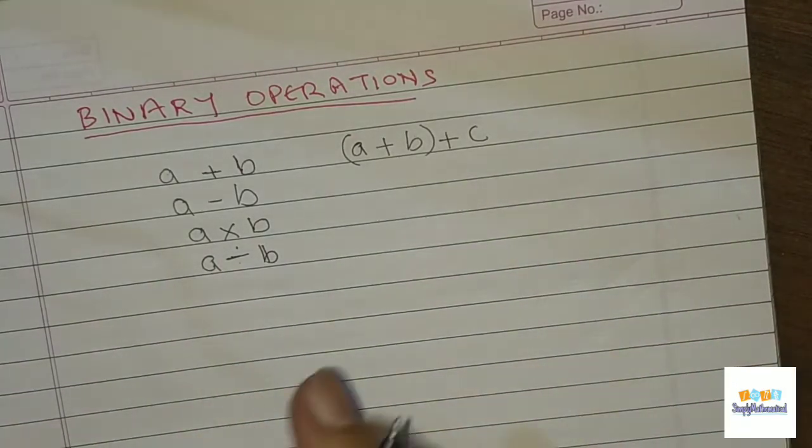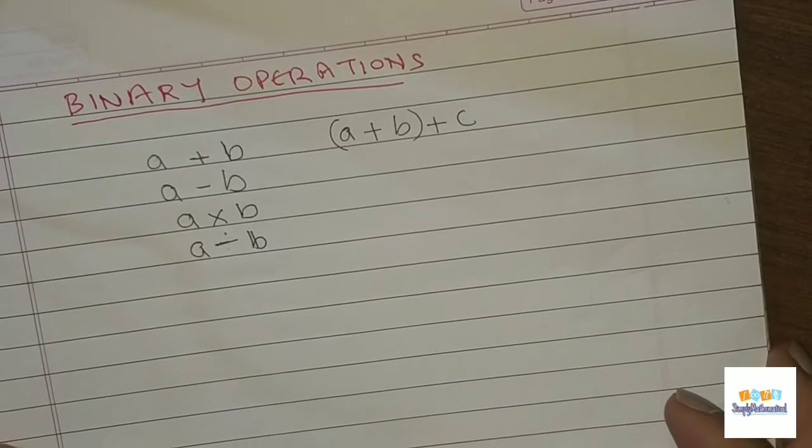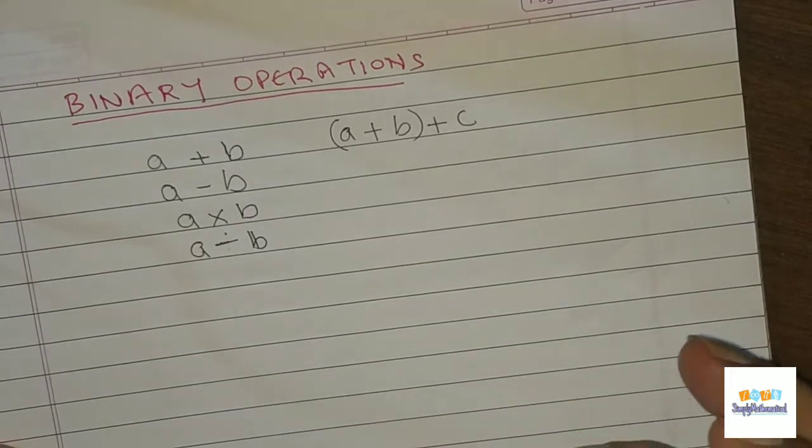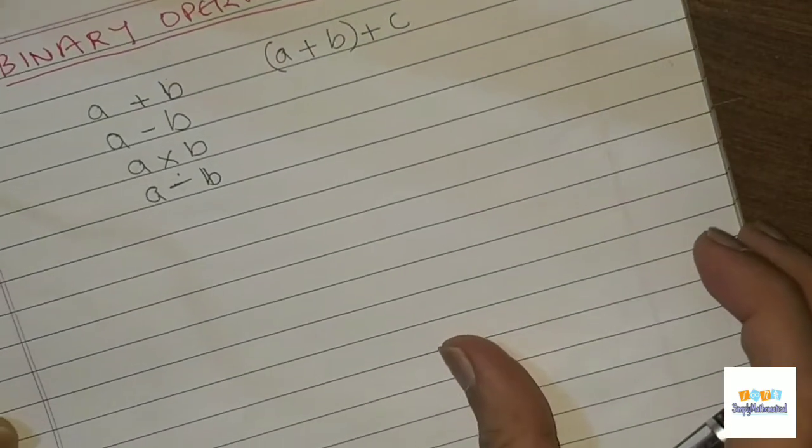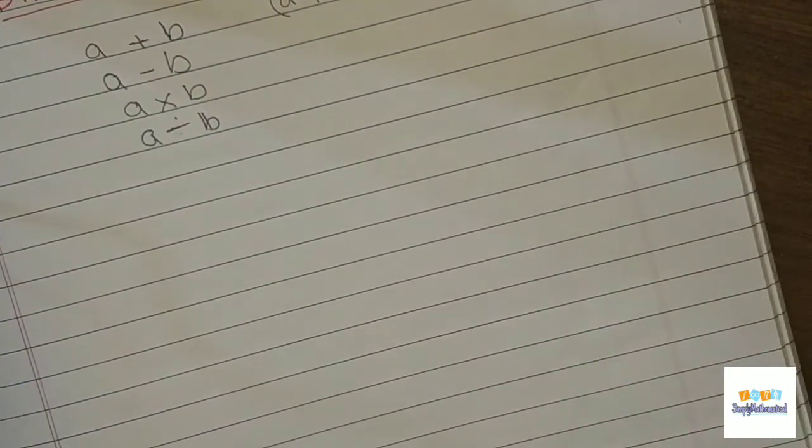So we are going to study this type of operations, wherein you take two numbers and do the operation on the two numbers. Now let us look at the definition of binary operation.